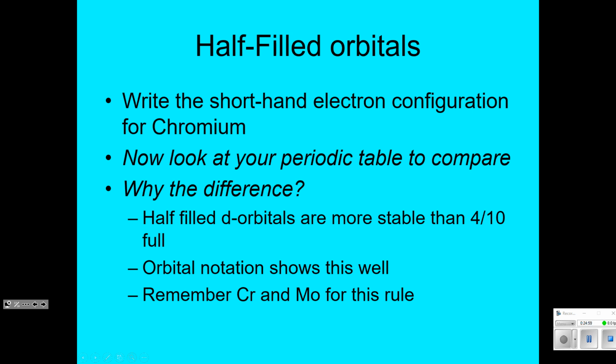We would like you to write down right now on your note sheet the shorthand notation for both Cr and Mo. In other words, know that column. So again, there is a blank on your note sheet right here that I want everyone to fill in by looking at their periodic table for Cr, which is element 24, and Mo, which is element 42.